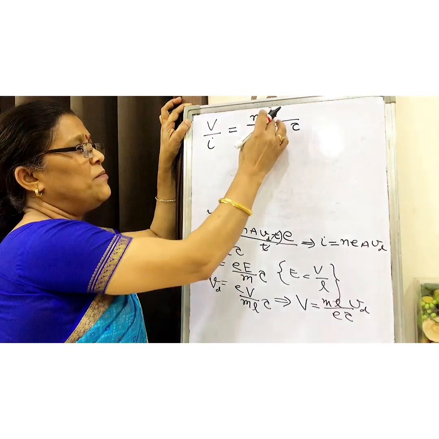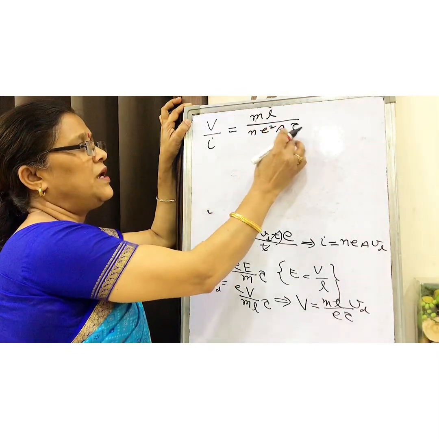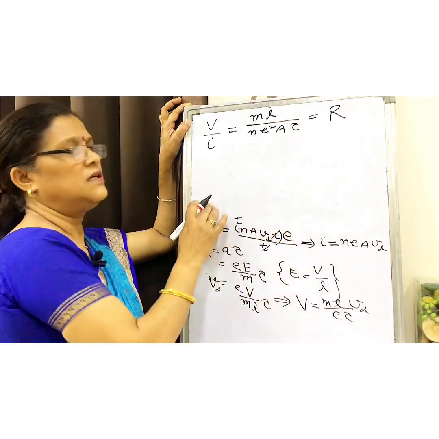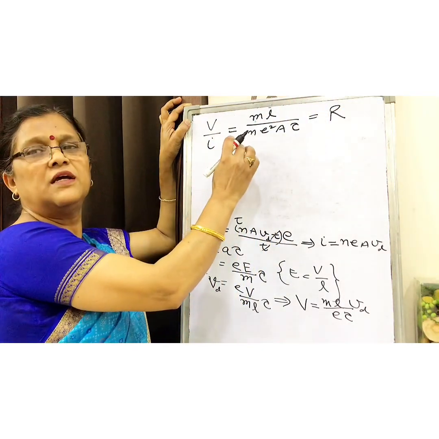So this mL upon ne square A tau is expressed as, because V upon I is R, the resistance.